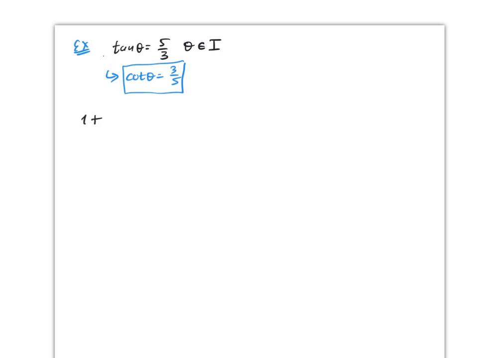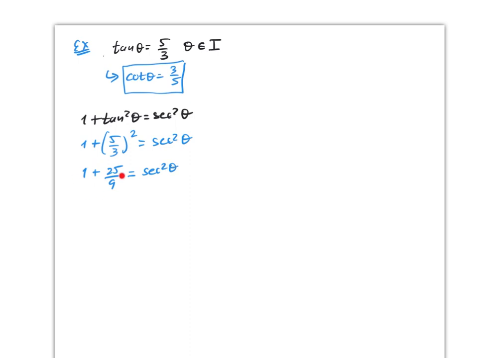Then remember that 1 plus tangent squared theta is equal to secant squared theta. This is one of the Pythagorean identities. So therefore, 1 plus 5 over 3 squared should be secant squared theta. So therefore, 1 plus 25 over 9 should be secant squared theta.